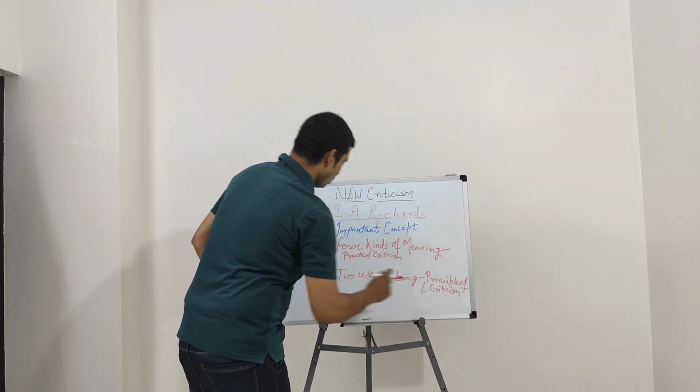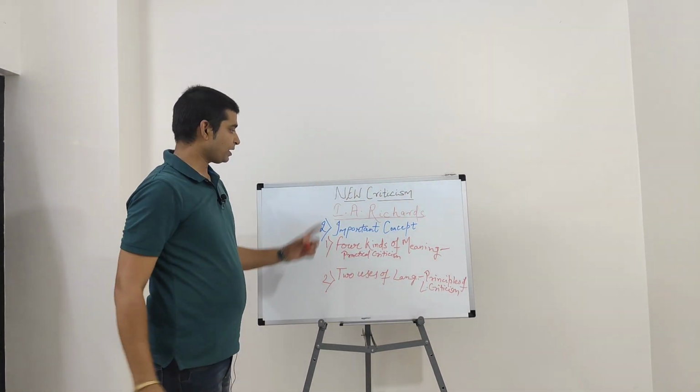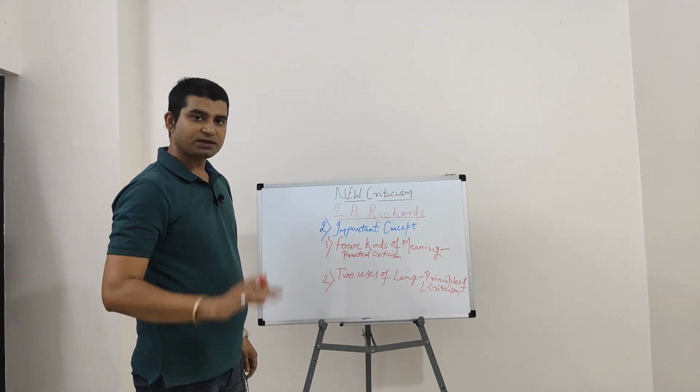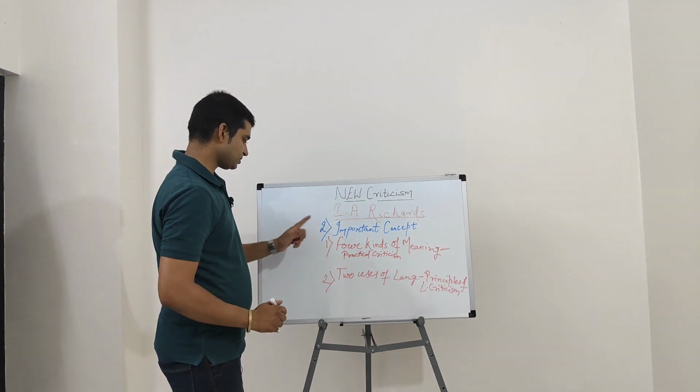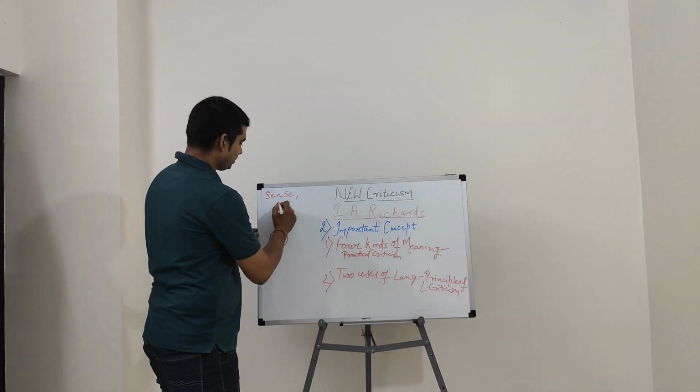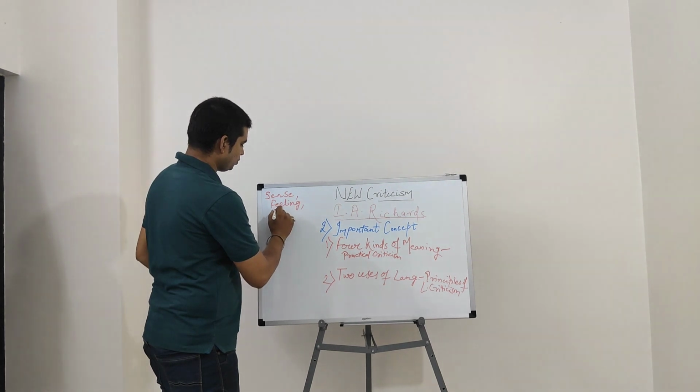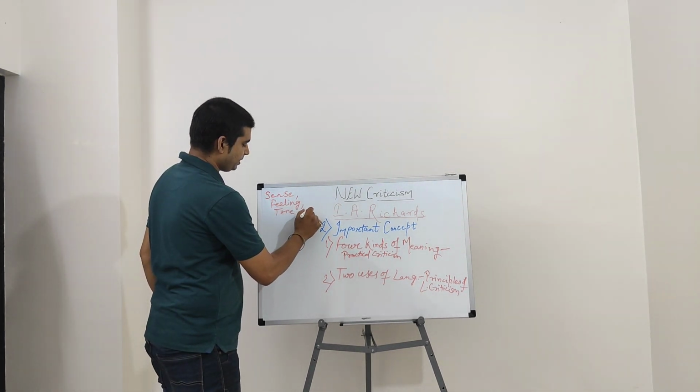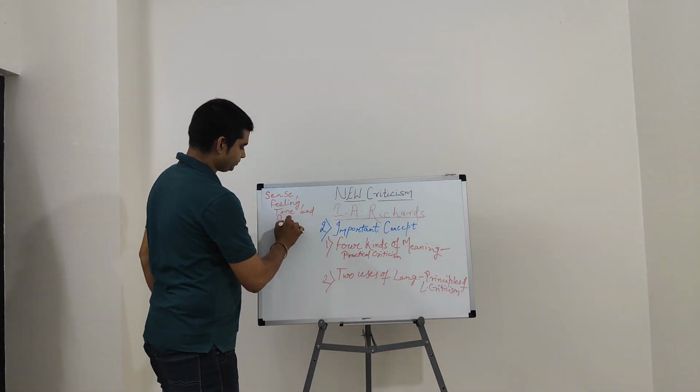Now friends, what are the four kinds of meaning according to I.A. Richards? They are sense, feeling, tone and intention.